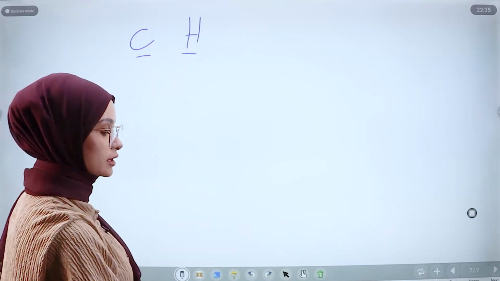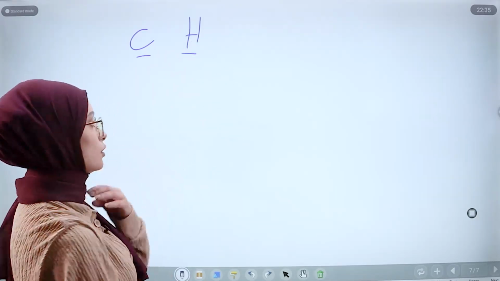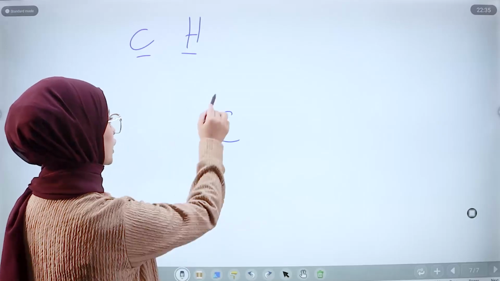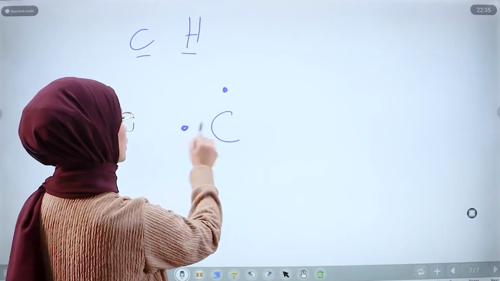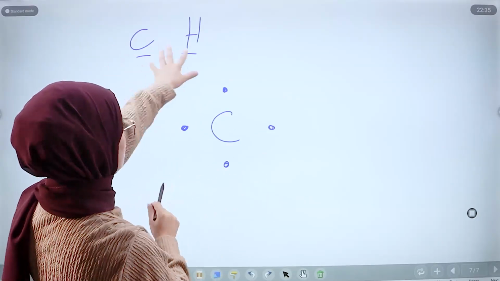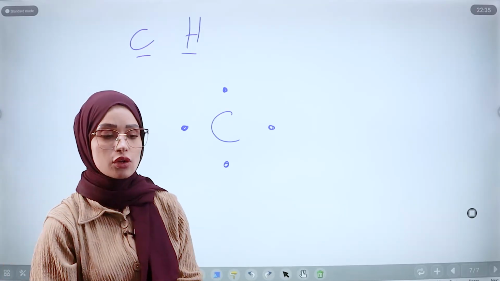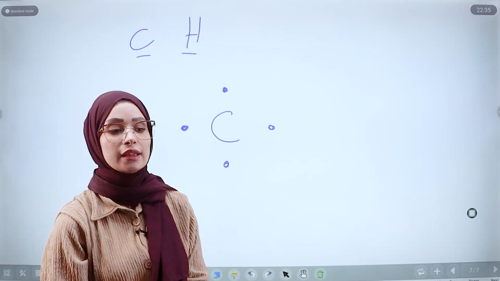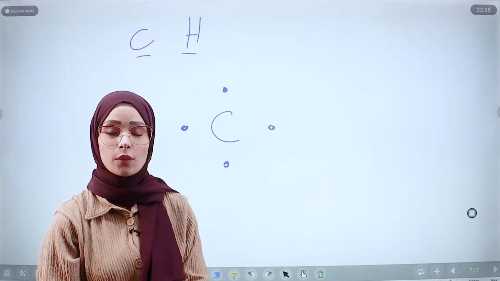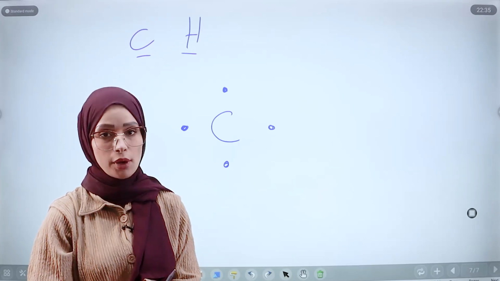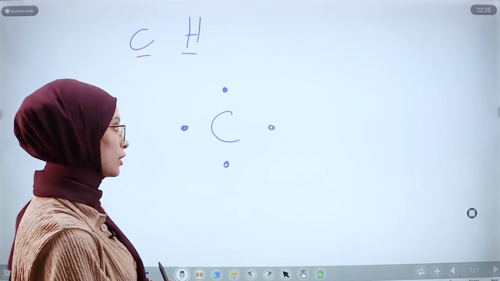Which is the most famous, which is methane gas. Now, the carbon is in group number 4, so it has 1, 2, 3, and 4. When I look at these elements, I would find that these are non-metals together. So I am already prepared that there is going to be a covalent bond, which is a molecule, right?